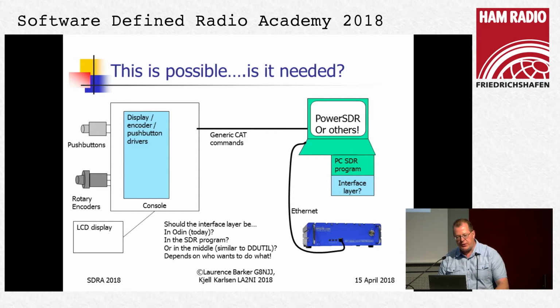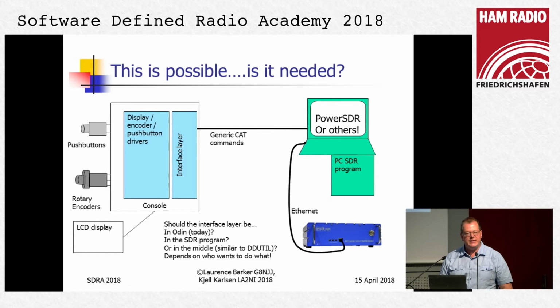I start off with a piece of code that has got an ability to control the display, to know how far the encoder's been turned, to know when buttons have been pressed, and to be able to light LEDs. And there's just a set of device drivers for all those functions. Then I've got a layer of code that interprets those and generates the necessary commands to go out over the serial port.